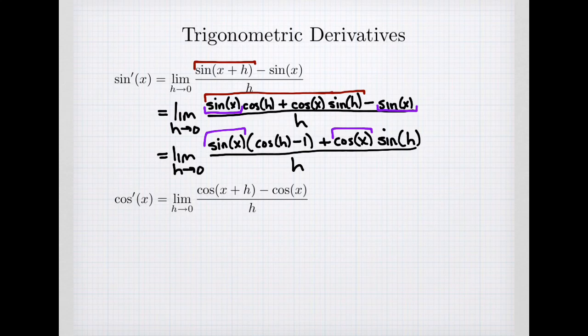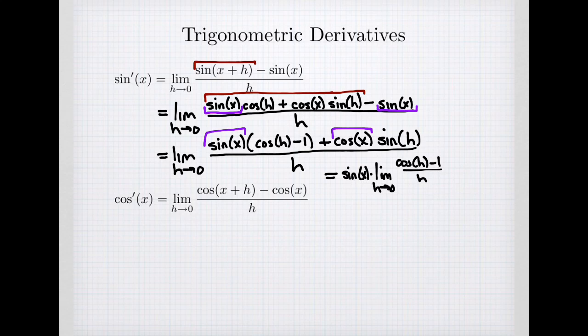I get sine of x times the limit as h goes to 0 of cosine h minus 1 over h.